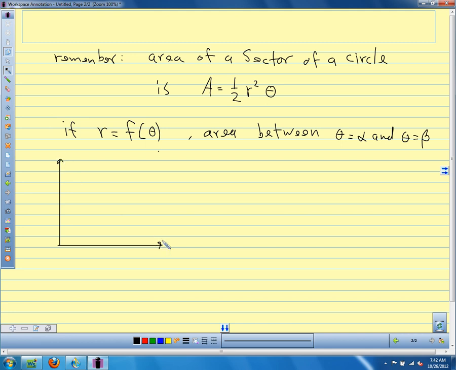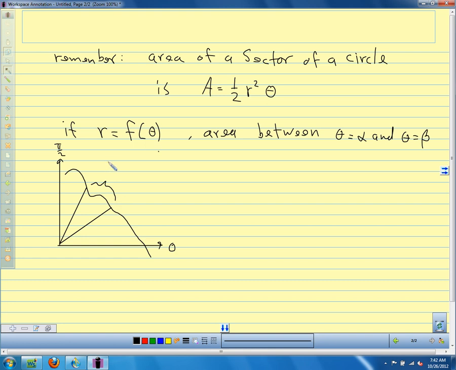This is my π/2, and this is 0. So here's my graph of my polar equation, and we're looking at the area in this little section.